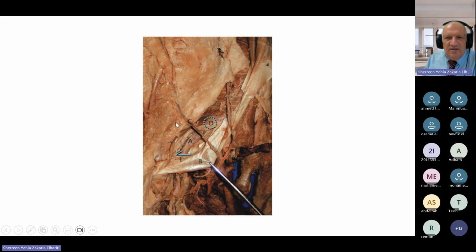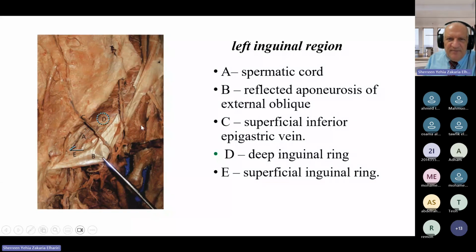Okay. So after that, we have this station. In the exam, you have these pictures, either fresh or plastinated, but not colored. And they ask you, what is this landmark? So for example, A is the spermatic cord, B is the external oblique aponeurosis, reflected, C is superficial inguinal... what is C?